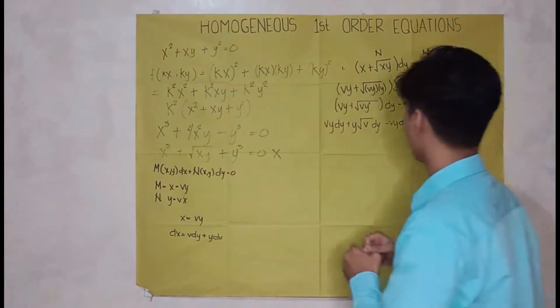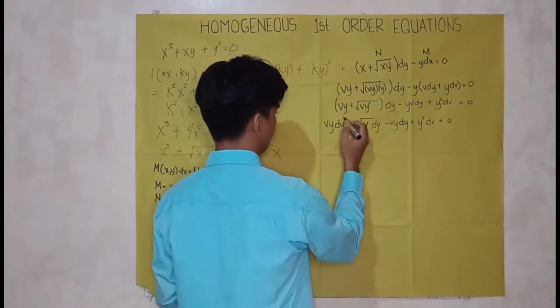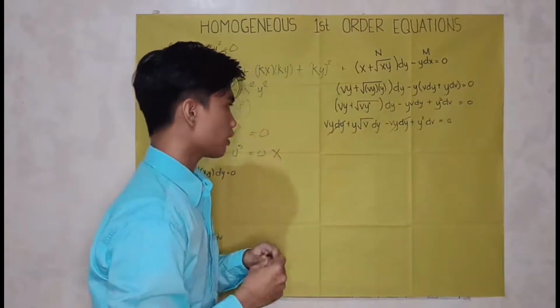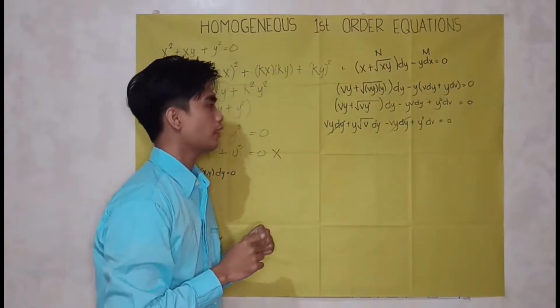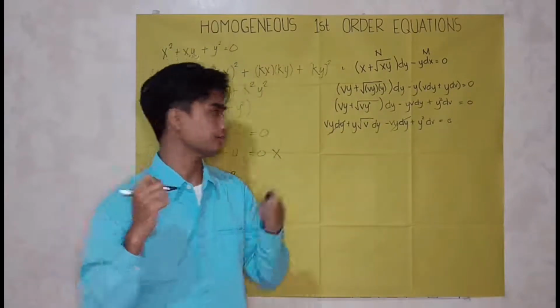So, kung nakikita nyo to, pwede natin i-cancel. So, cancel natin. So, meron na lang tayong y square root of v dy plus y squared dv is equals to 0.